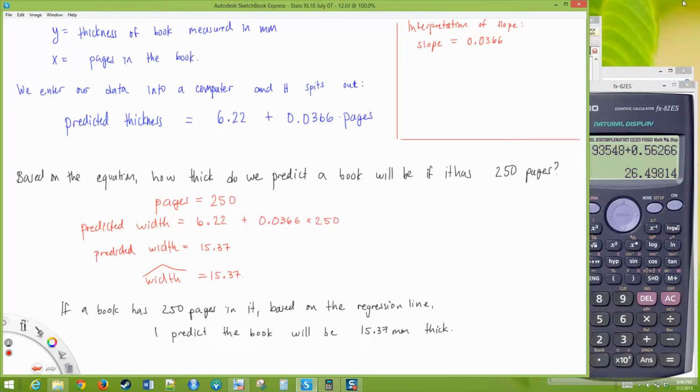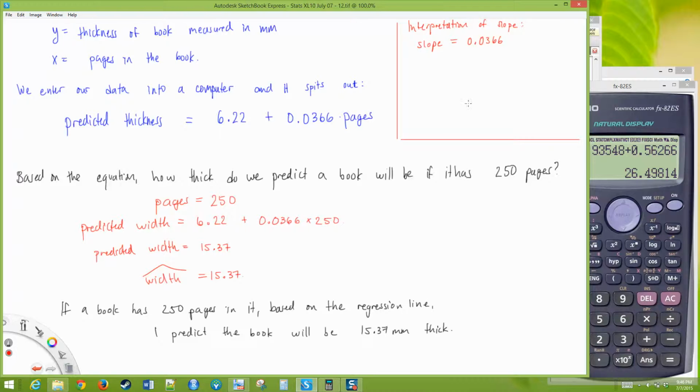So basically every time I'm adding a page, I'm predicting the book is getting thicker by 0.0366 millimeters, okay? So 1 page is not going to make a bunch of difference. But if I add 100 pages, then it'll increase the thickness of my book by 3.66 millimeters. If I add 1,000 pages to the book, it'd increase the thickness by 36.6 millimeters. Does that make sense?